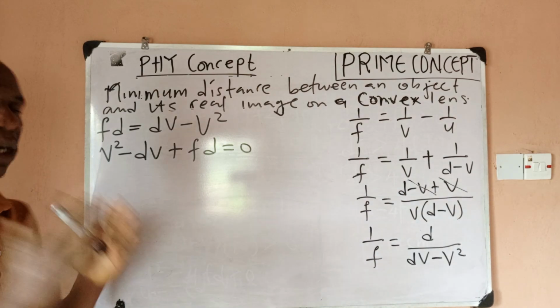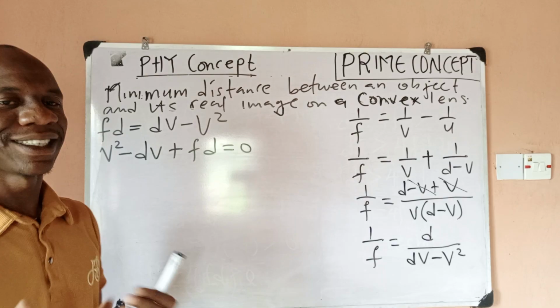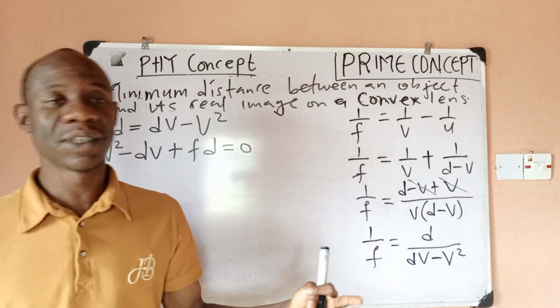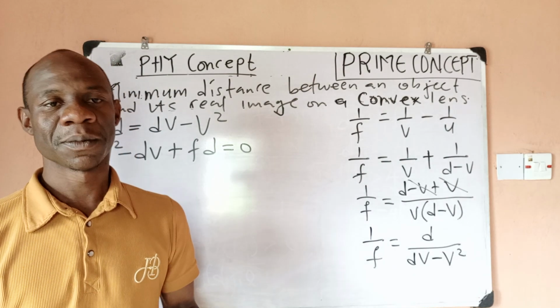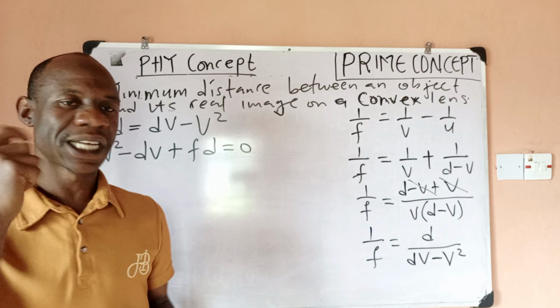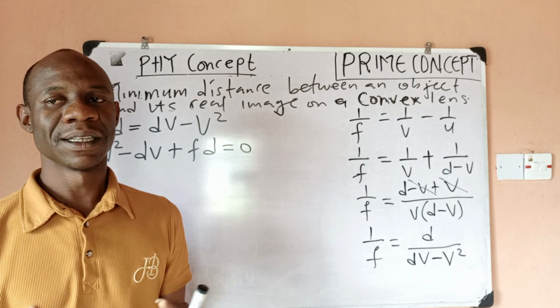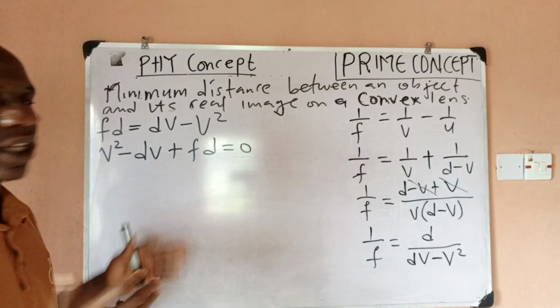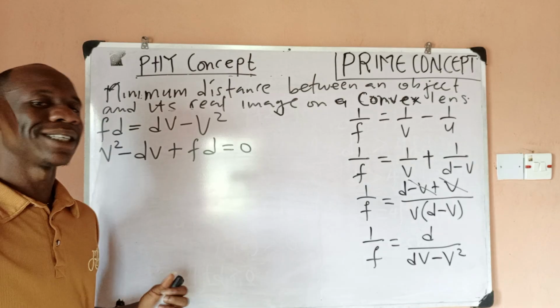Now what are we looking for? We're trying to get the minimum distance between an object and its image so that a real image can be captured on the screen. So when you're solving a quadratic equation, you want to get a real solution.